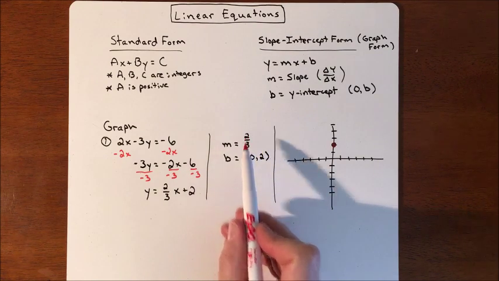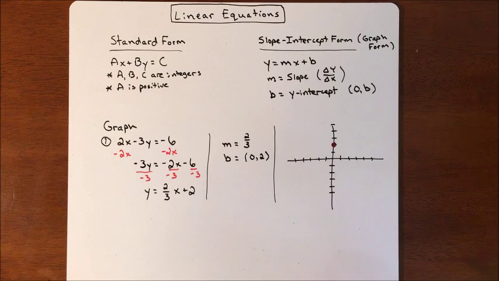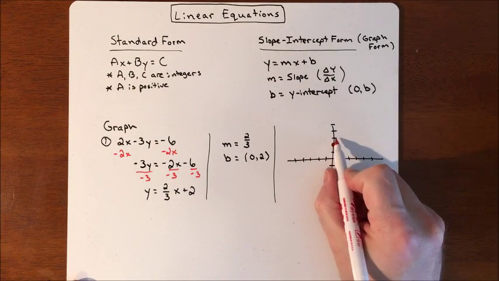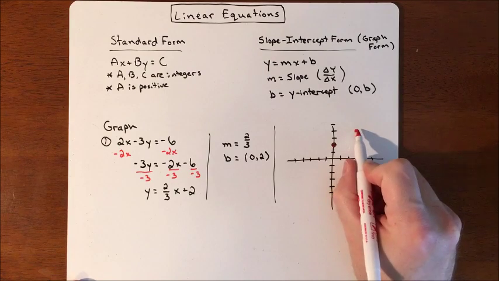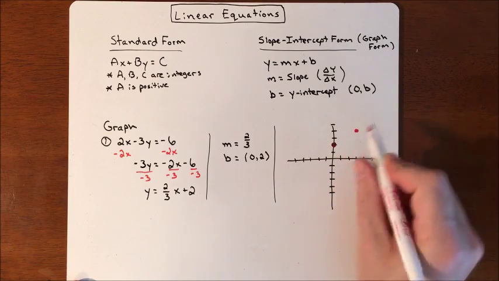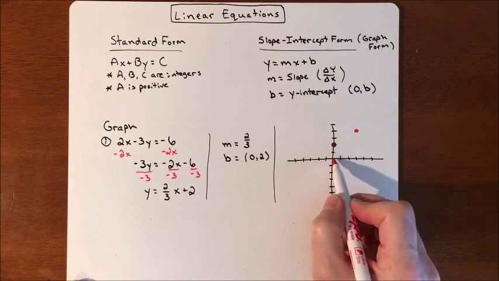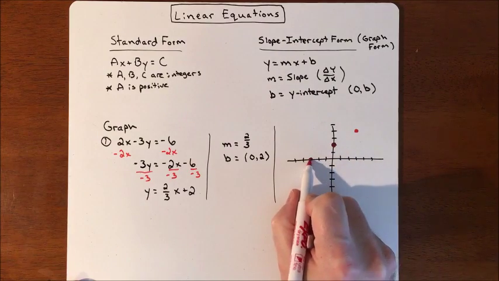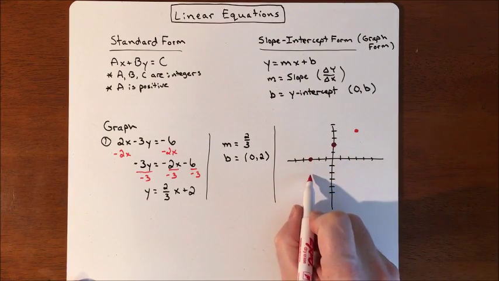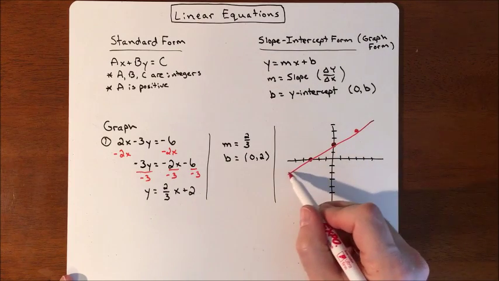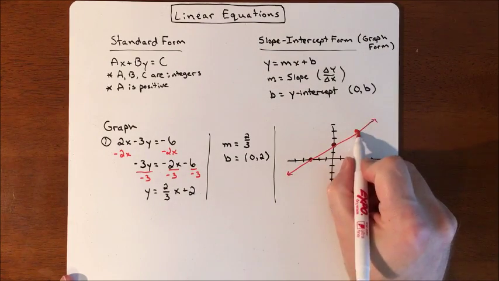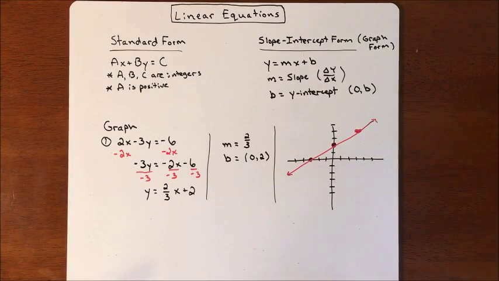And since it's linear, it remains that pattern of up 2 over 3, up 2 over 3. So 1, 2, 1, 2, 3. And then it would go again up 2 over 3. But I can also go backwards, down 2 and back 3, and then down 2, back 3. And if I connect those dots, then we have our line.